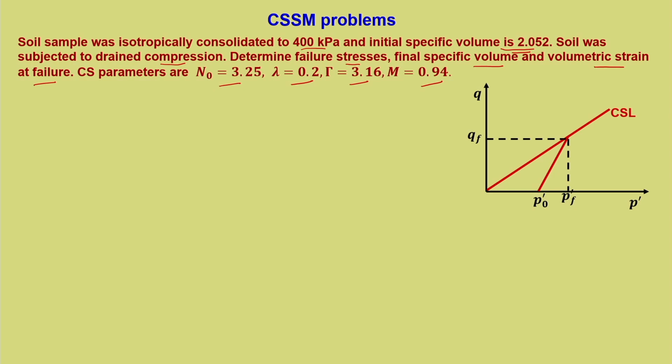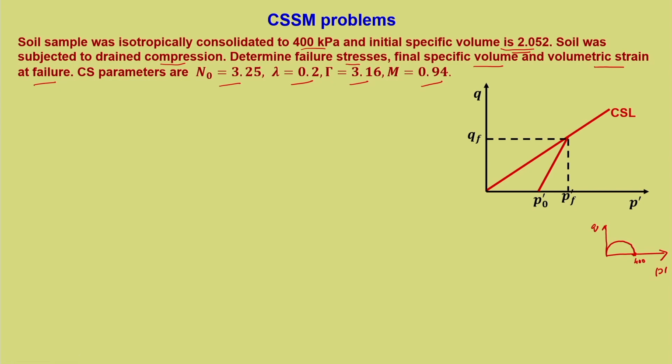Okay. Now it is given that it is isotropically consolidated, which means it is at the maximum yield stress. For example, if I draw q versus p dash, this is the yield curve, and this is 400. So it is already at its yield point, it is not unloaded.